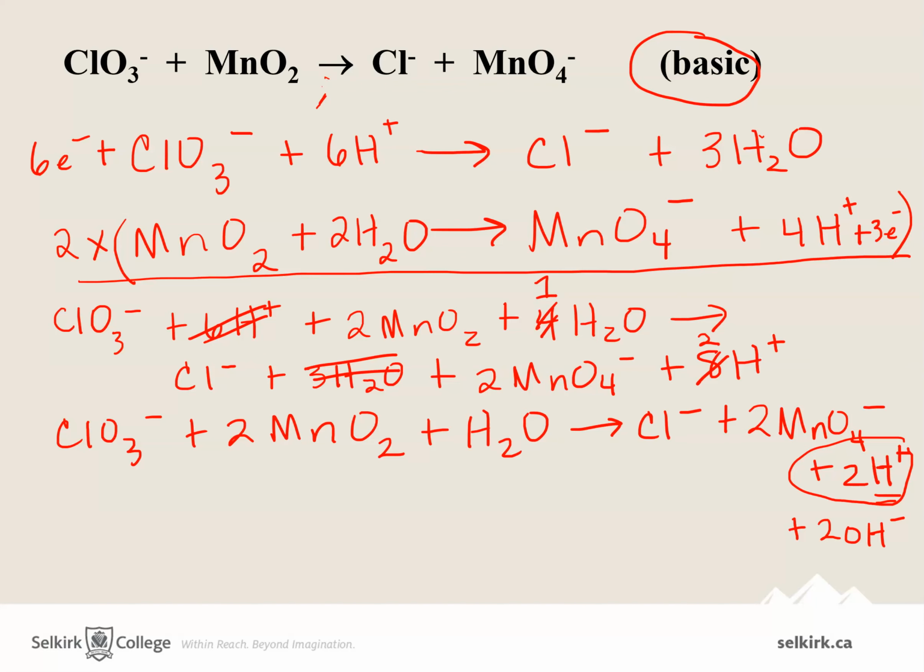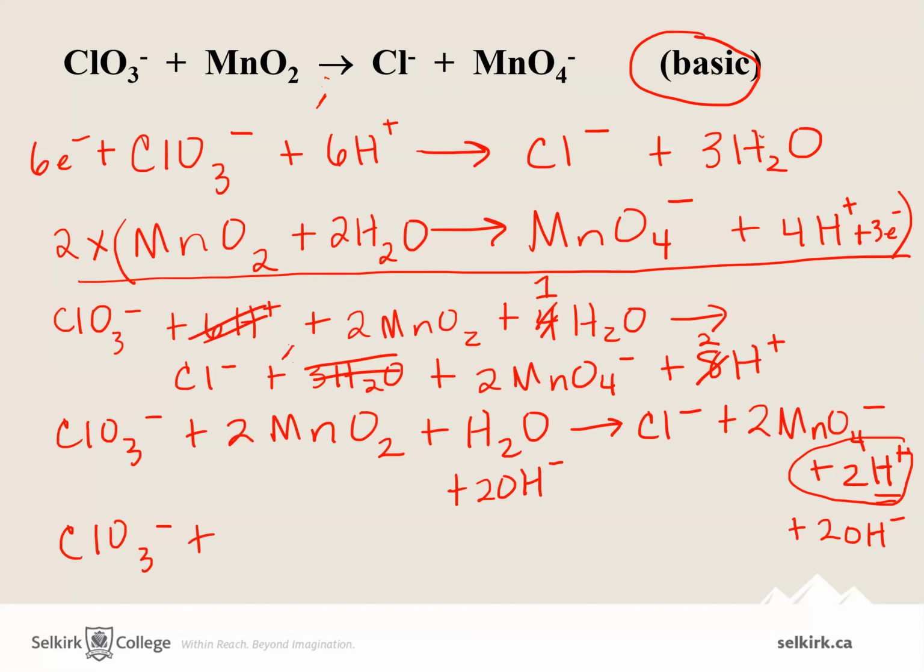Before I do though, remember my equation was balanced before, so just like in math class, to keep it balanced, whatever I did to the right-hand side, I'm going to have to do to the left-hand side. So I'm going to add 2 hydroxides to the left-hand side as well. Here we go.